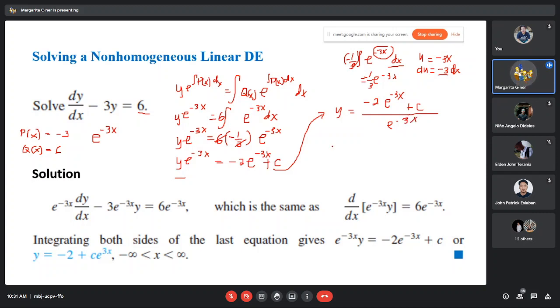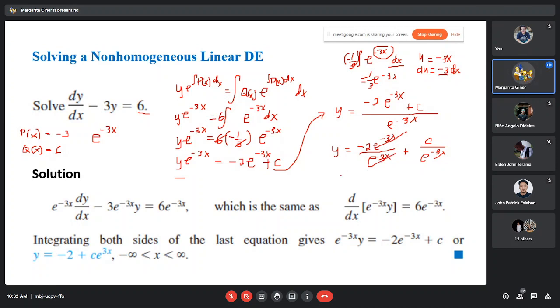So, ang y is simplified, y is equals to negative 2 e minus 3x divided by e raised to negative 3x, plus c over e raised to negative 3x. So, it cancels out.